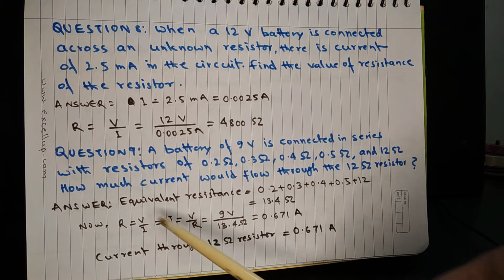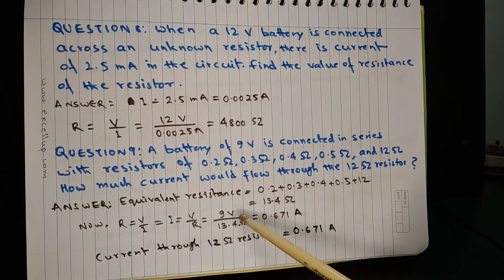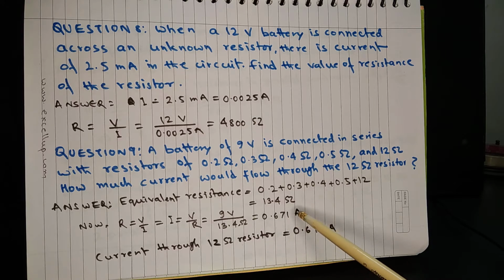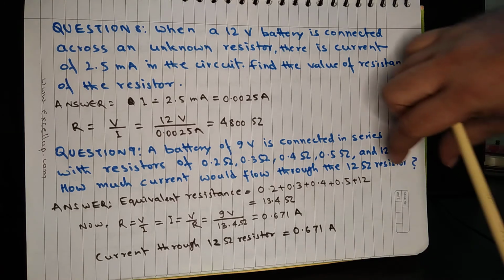R is equal to V upon I, so I is equal to V upon R, is equal to 9 V upon 13.4, is equal to 0.671 A. In a series combination, the value of current remains the same through all the resistors. So the current through the 12 ohm resistor will be 0.671 ampere.